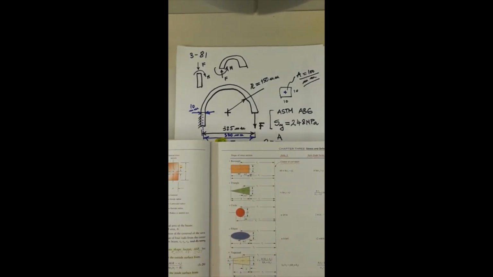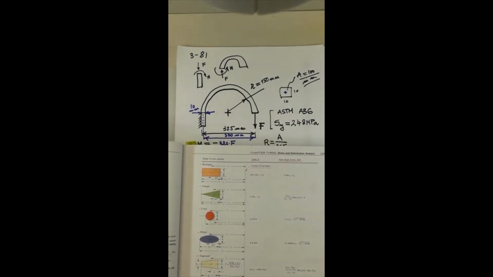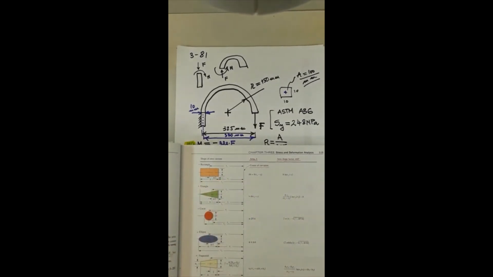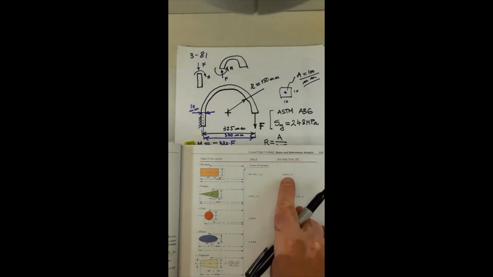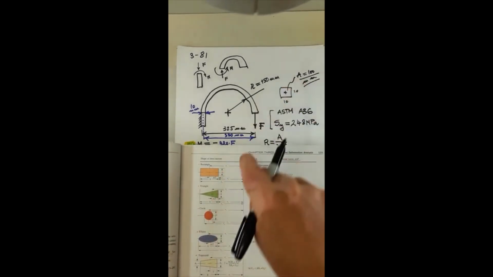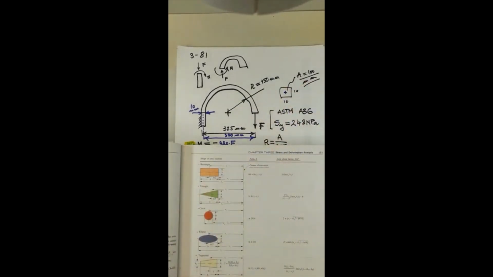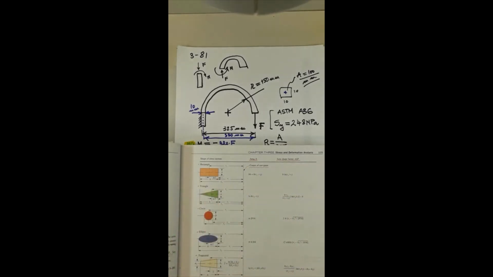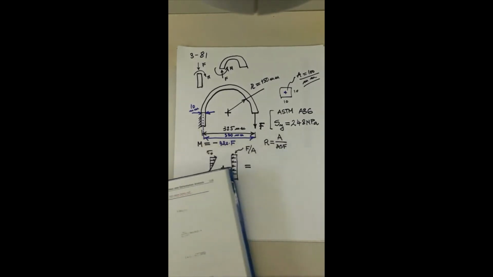What is the area shape factor? Looking at this figure, it's going to be B, 10 in our case, as well as H. B and H are the same and equal 10. So according to this entry in figure 325, the area shape factor is B natural logarithm.